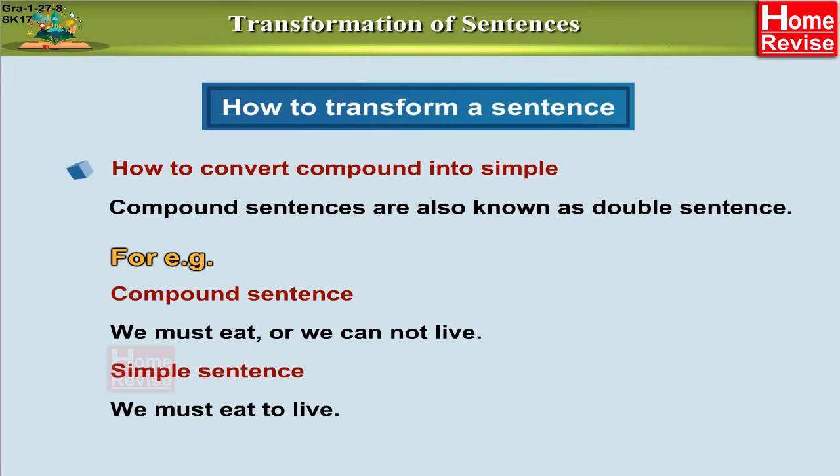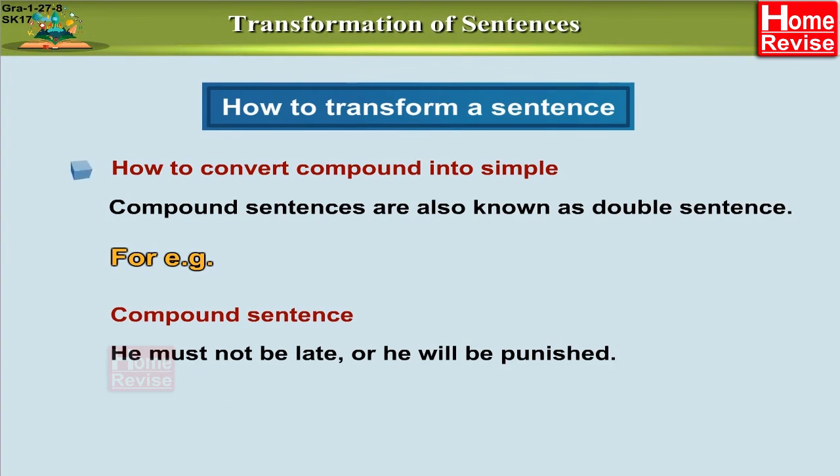Let's take another example. He must not be late or he will be punished. Again, two sentences or two principal clauses combined together with the conjunction or. He must not be late is the one principal clause, and the second principal clause is he will be punished. Let's see how it changes into a simple sentence.